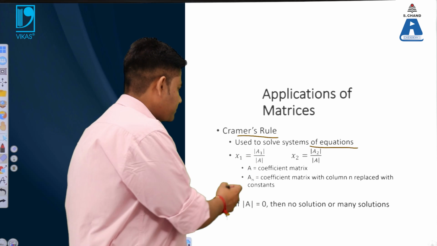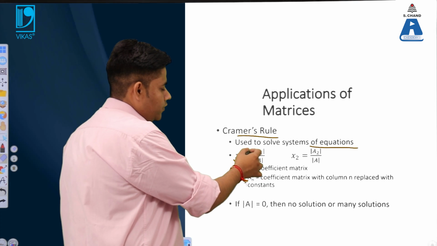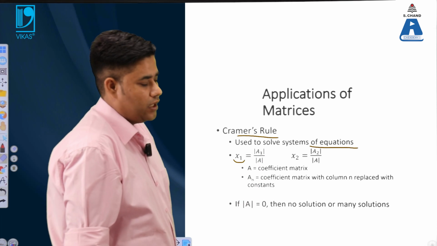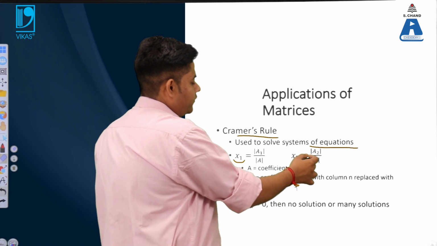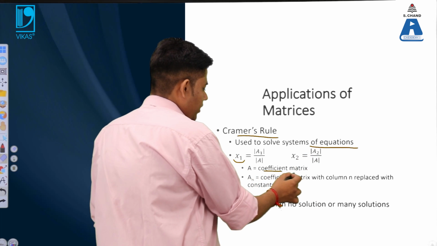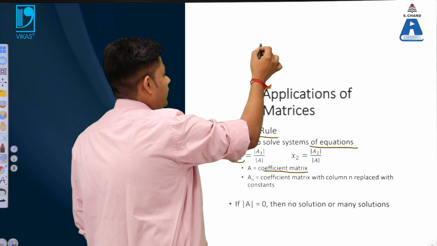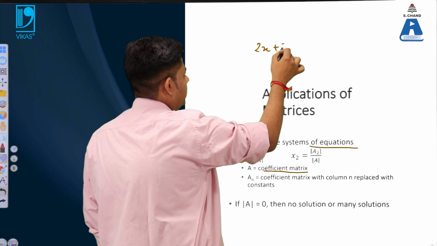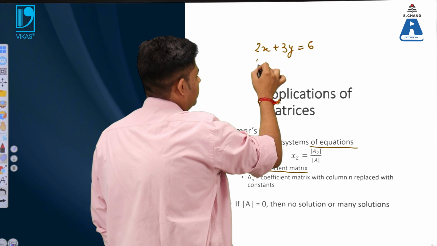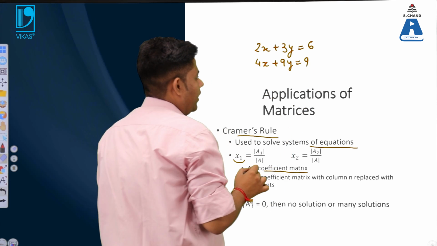x1 is equal to the determinant of A1 over the determinant of A. x2 is the determinant of A2 over the determinant of A. A here basically indicates the coefficient matrix. Let's say you have 2x plus 3y equals 6, and you have 4x plus 9y equals 9.